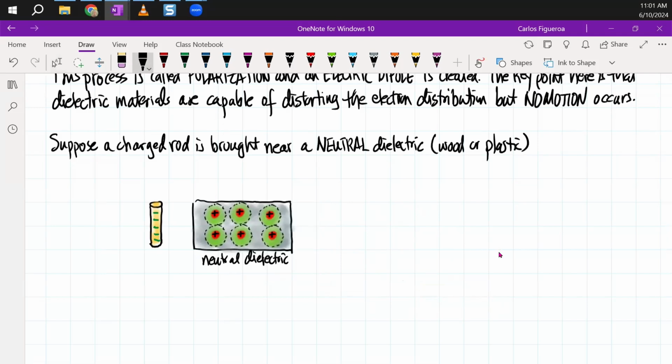So now what do I do? I create dipoles. So if I create dipoles, that means I'm looking at something like this here.